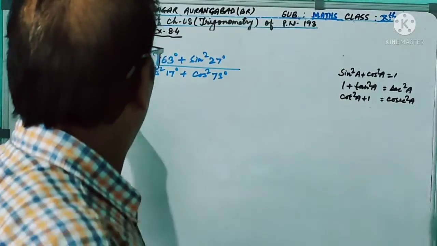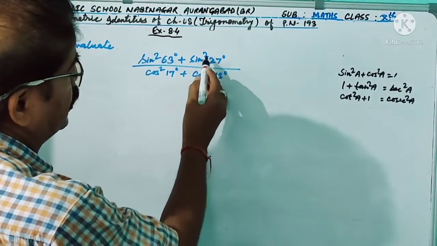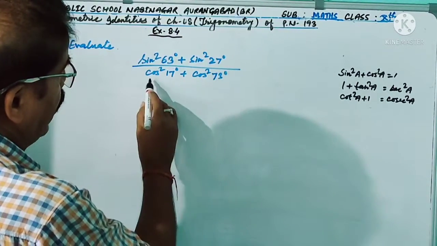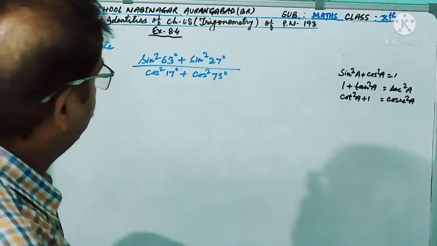Question 3: evaluate sin square 63 degree plus sin square 27 degree by cos square 17 degree plus cos square 73 degree.